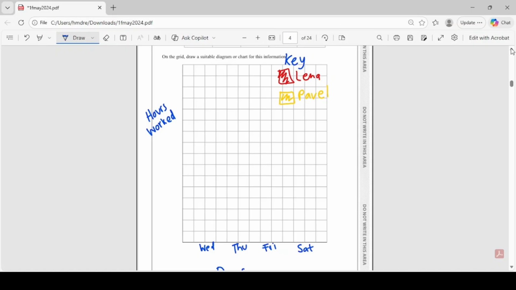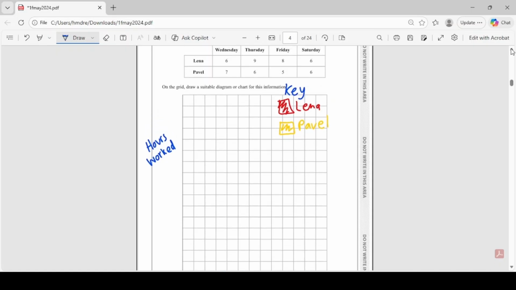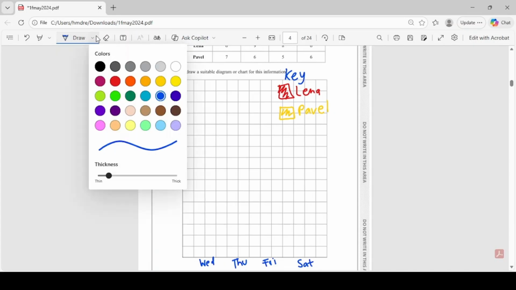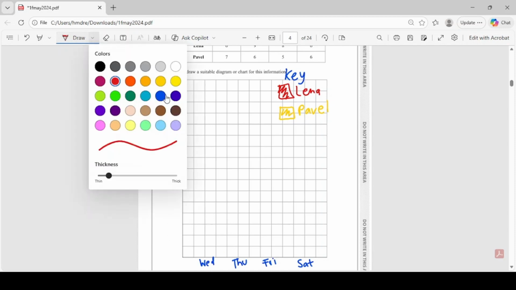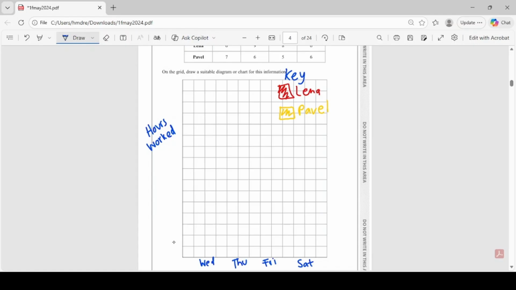So we've got Lena works on Wednesday, she works 6 hours. On Thursday, she works 9 hours. So let's draw these in. Okay, Lena on Wednesday. Oh, sorry, we need to do our labels here. So let's just do 1, 2, 3, 4, 5, 6, 7, 8, 9, 10.